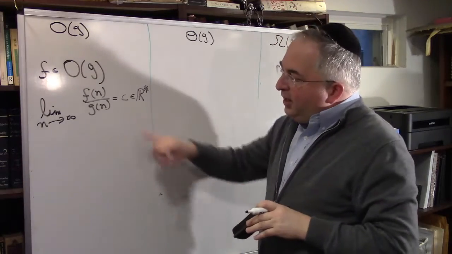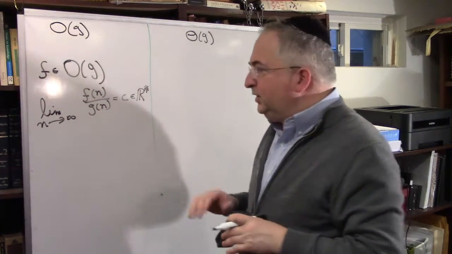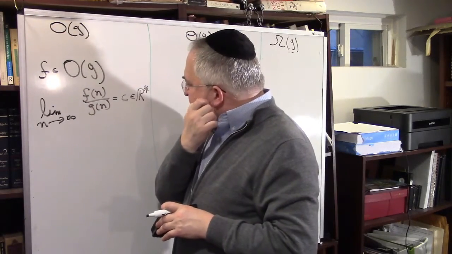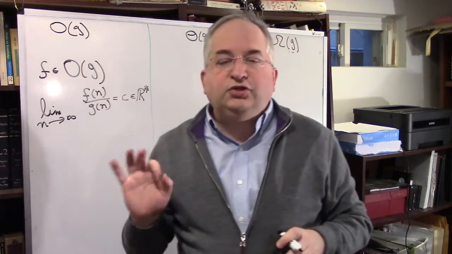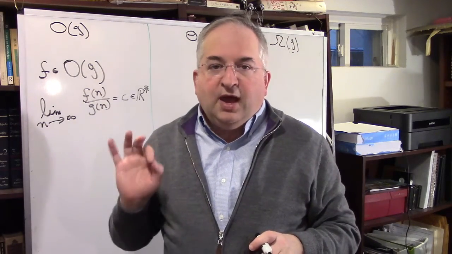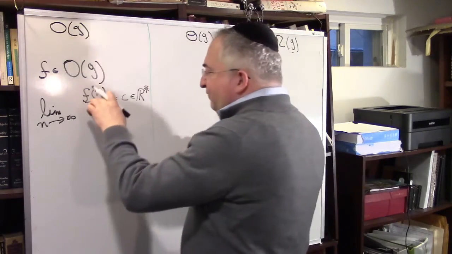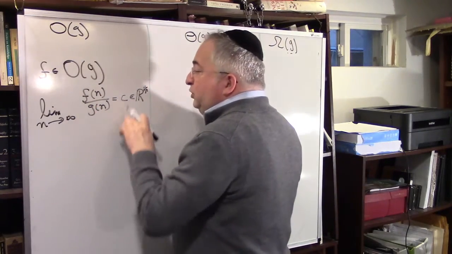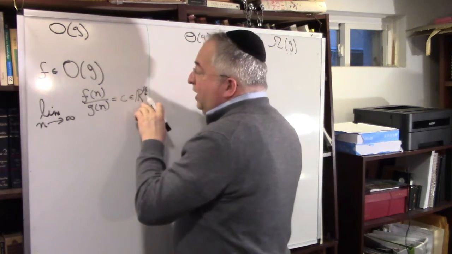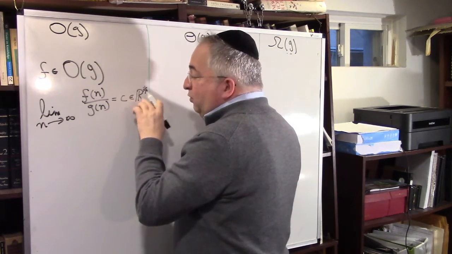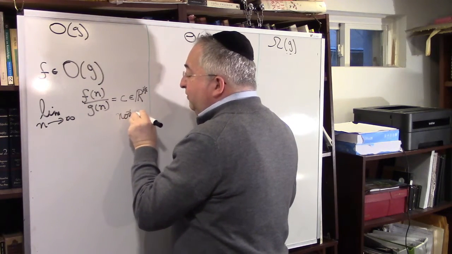Let's explain what this means. First of all, the limit as n goes to infinity, that's another way of saying I'm not interested in small inputs. If you divide f of n over g of n, you get the coefficient. The coefficient could be 0 or any real number. The main point: not infinity.